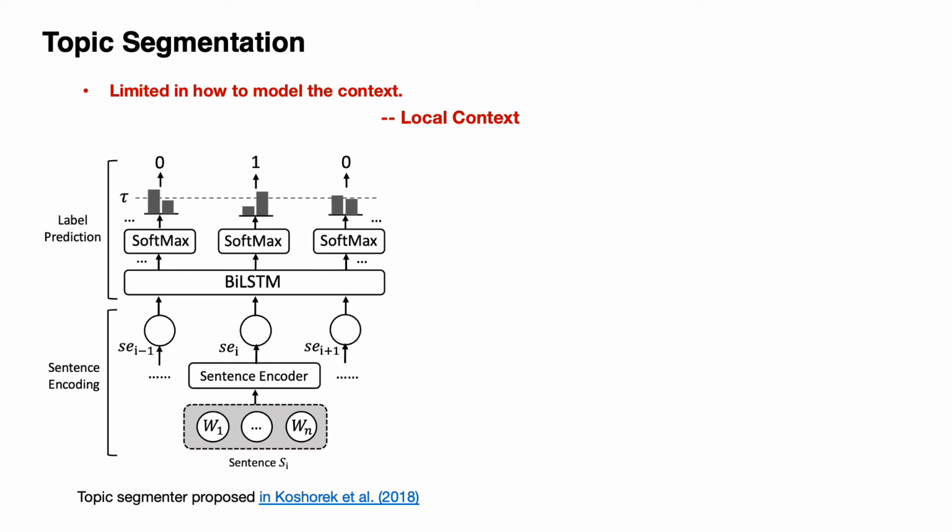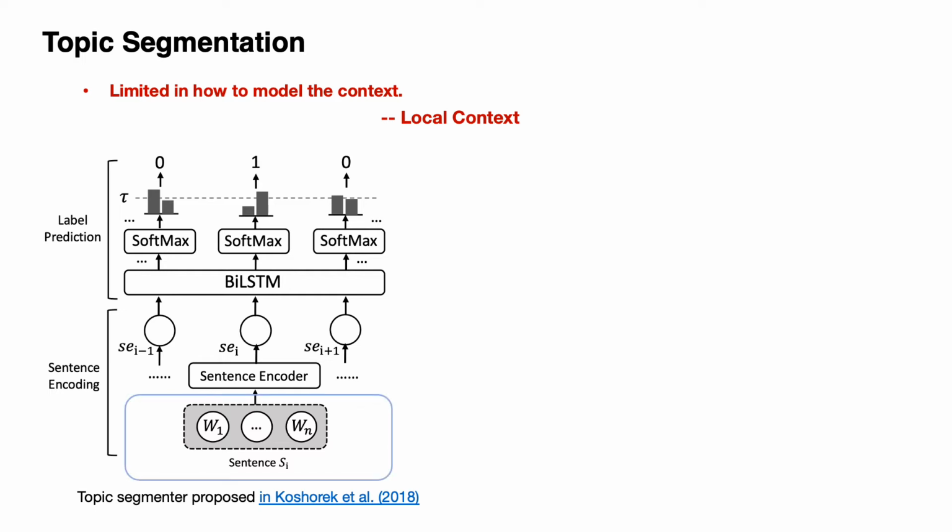Now, let's talk about the detailed limitations of context modeling for neural topic segmenters. The first limitation is insufficient local context modeling. Taking a previously proposed simple but effective topic segmenter as an example, I'd like to first give the definition of the problem throughout our work, formulating topic segmentation as a sequence labeling task.